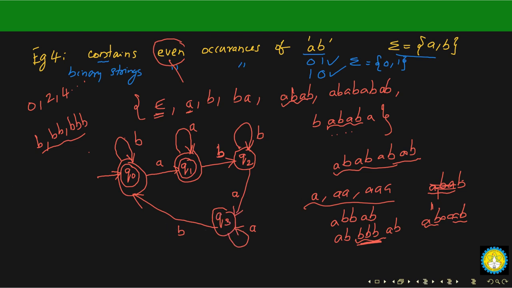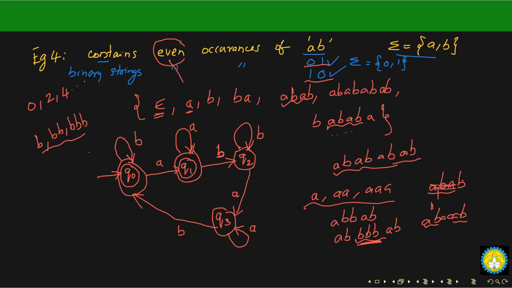So you can verify that this DFA works for accepting strings that contain even occurrences of AB. And it's very important to remember that this can also be used to verify binary strings containing even occurrences of 0, 1, or similarly, binary strings that contain even occurrences of 1, 0.